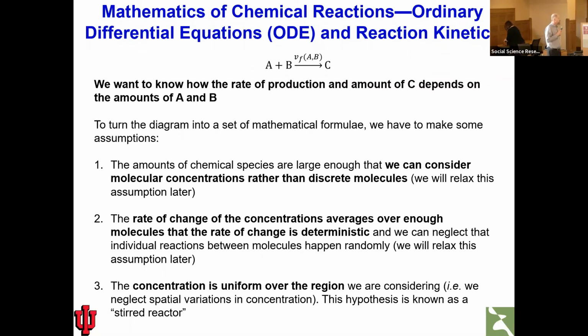Another thing that we're going to do in general is assume that our molecular numbers are large enough that we can talk about concentrations. But we have to remember that in reality, every molecular reaction happens on one molecule or one set of molecules. And very often in biology, the number of copies is very small. If we're talking about typical enzymes, we might have 10 copies in a cell.